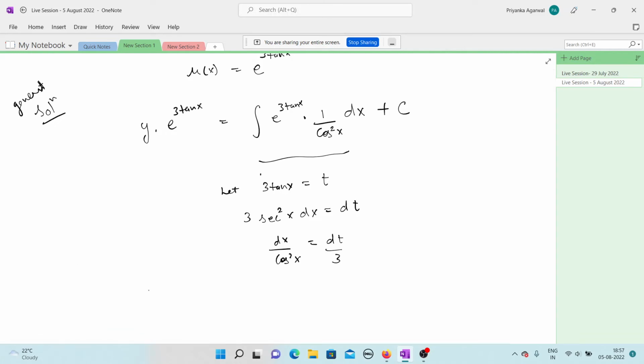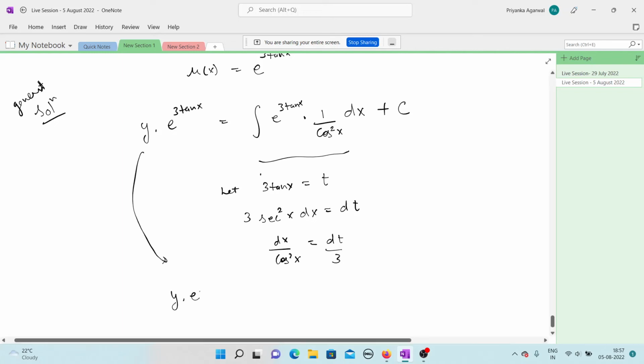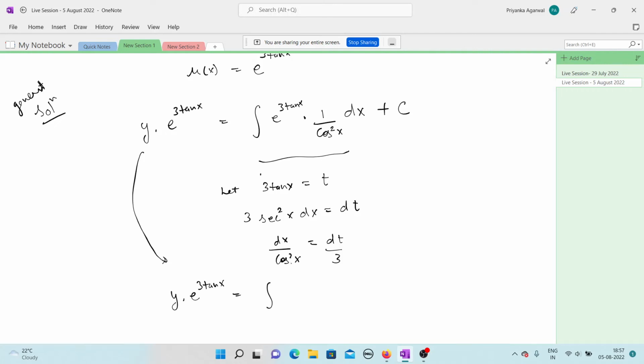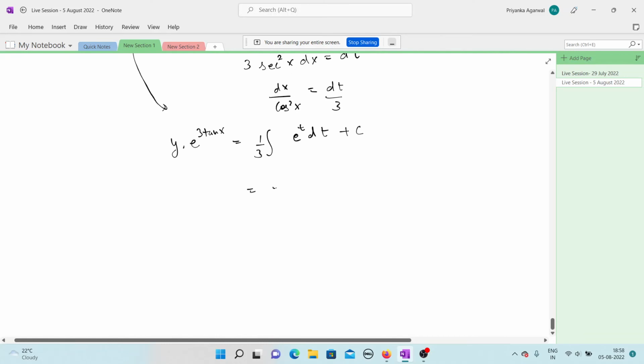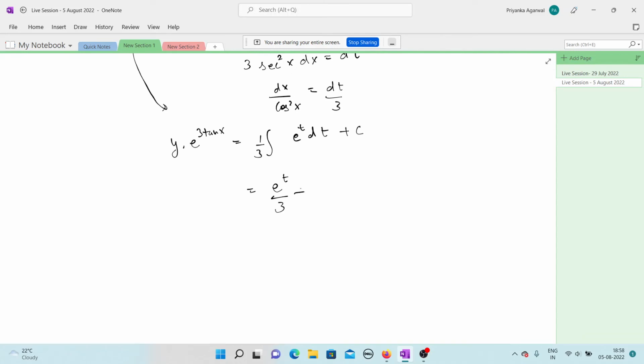So what will this general solution become now? y times e to the power 3 tan x equals the integral of 1/3 e to the power t dt plus c. So this will simply be e to the power t over 3 plus c, and e to the power minus 3 tan x times y. So this is the solution.